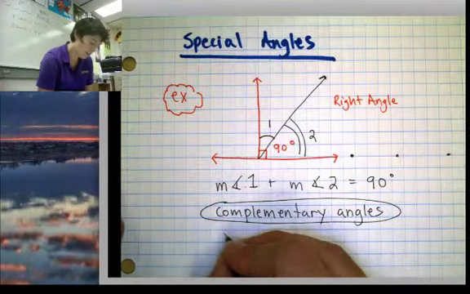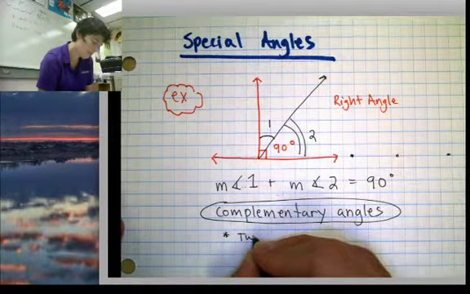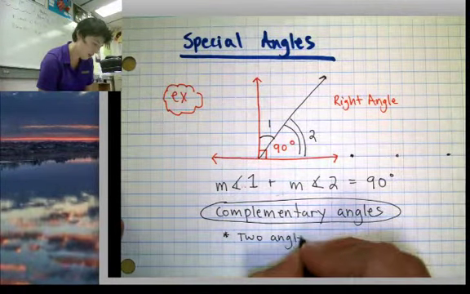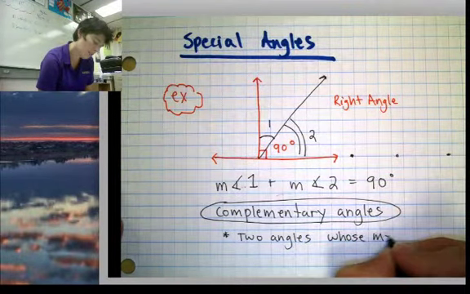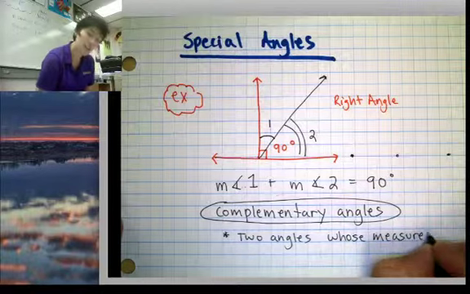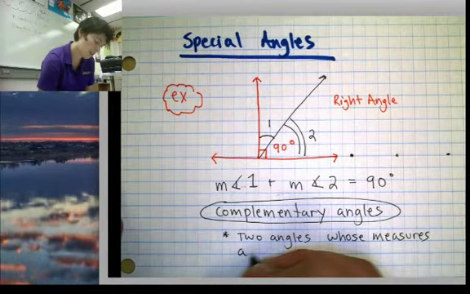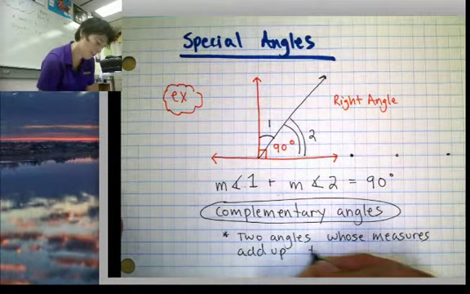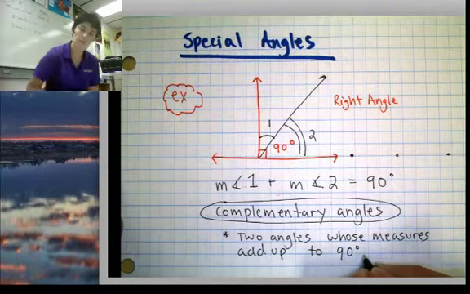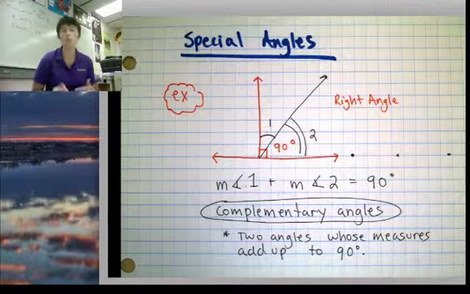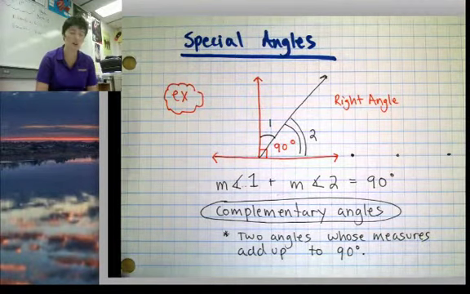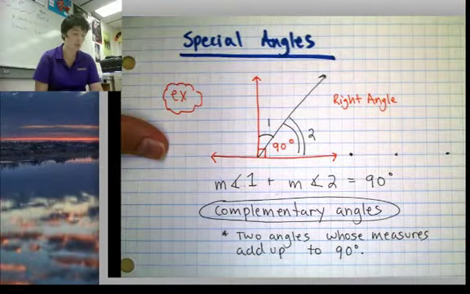So I'm going to write: 2 angles whose measures add up to 90 degrees. So complementary angles are 2 angles that add up to 90 degrees. That's one special case that you really should know and be familiar with.